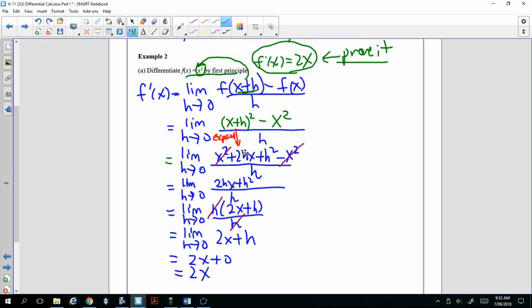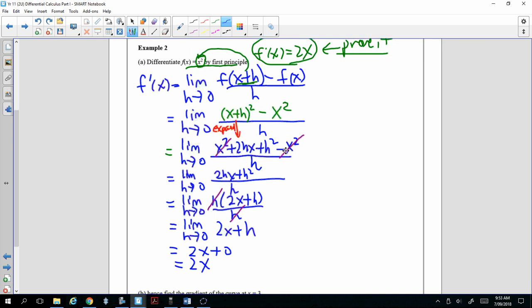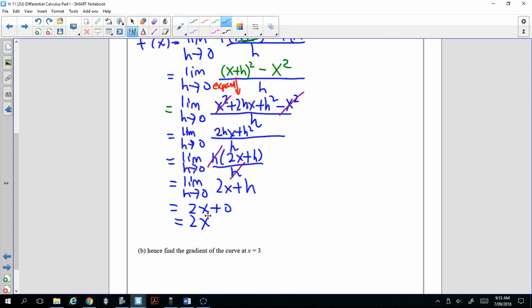Now, once you get the formula, how do I find the gradient at 3? You just substitute. f dash 3 equals 2 times 3, 6. Get it? And then we'll do a harder question. I think we'll do one more question and then you do the homework, okay?